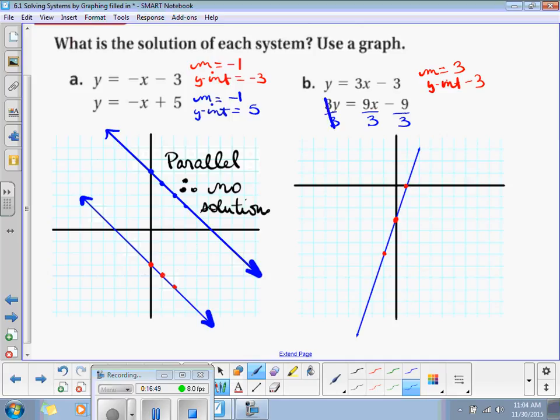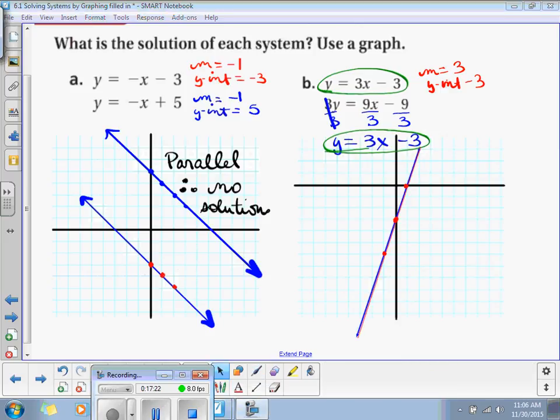So my new equation becomes y equals 3x minus 3. They are the same equation, which means that this second line is a different equation that occupies the same space, right? So it's the same line. Got it?